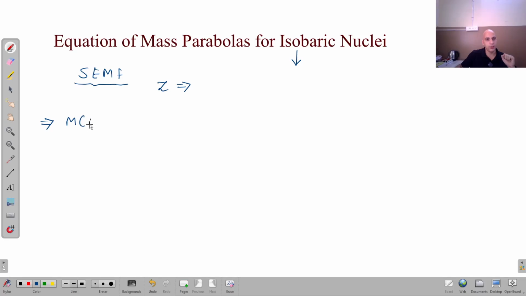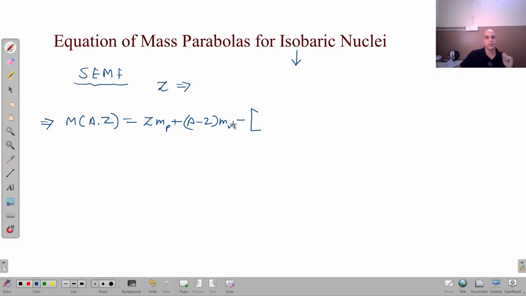Mass of a nucleus with atomic number Z and mass number A is given as Z times mass of proton plus (A minus Z) mass of neutron, right?